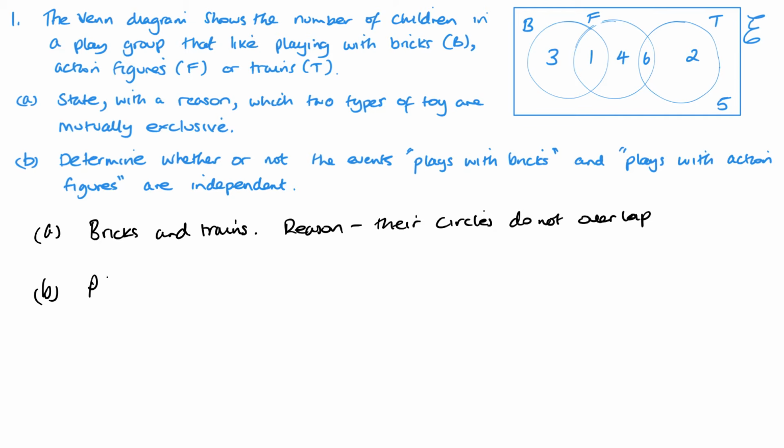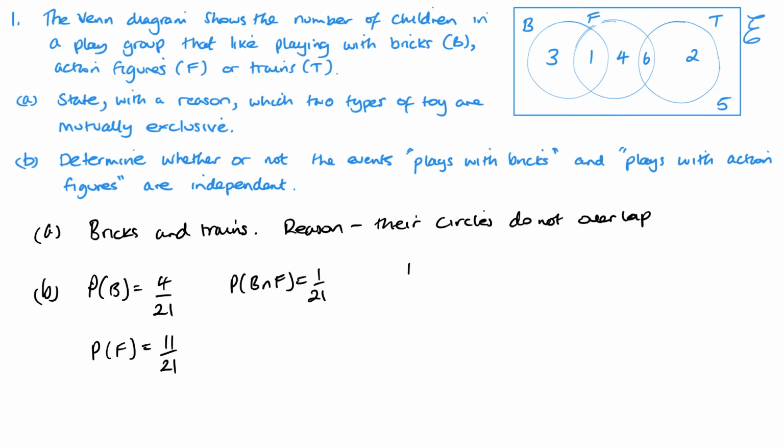Part B, determine whether or not the events plays with bricks and plays with action figures are independent. The probability of plays with bricks is 4 out of 21. The probability of F is 11 over 21. And the probability of B intersection F is 1 over 21.